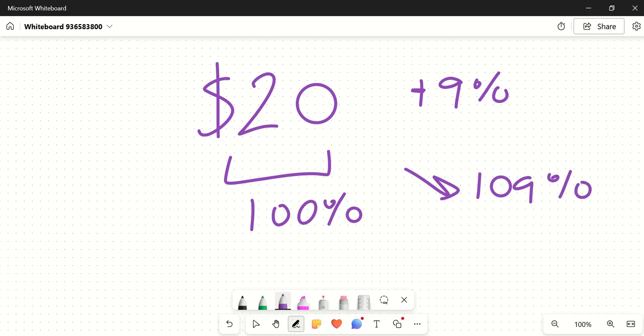of the entire price. So instead of me just finding out what 9% of 20 is, then adding it to it, I can skip the adding part and just find out what 109% of this entire price is. I jump the decimal twice to the left, and now I'll have 20 times 1.09.